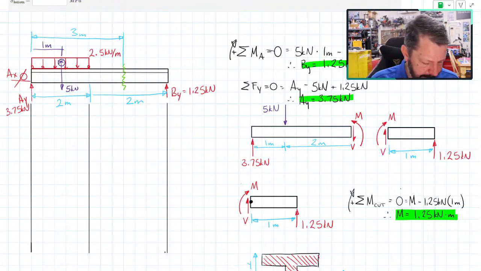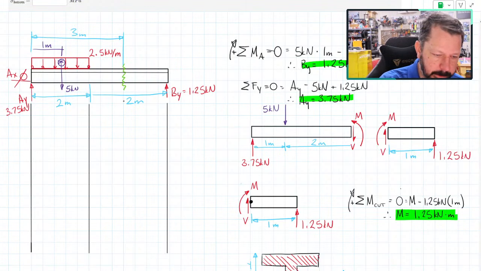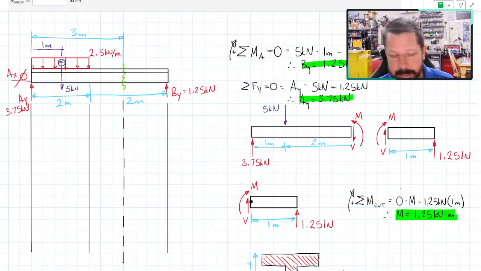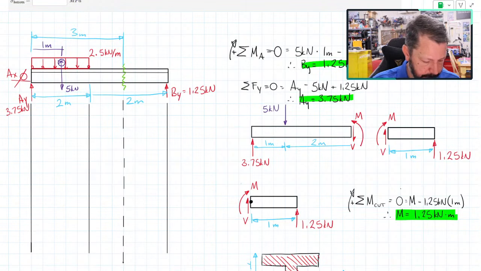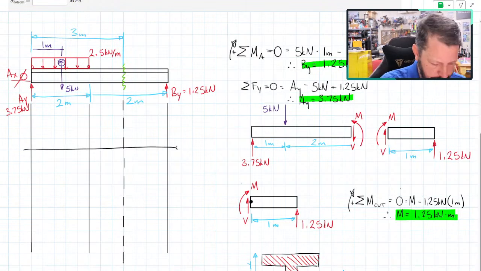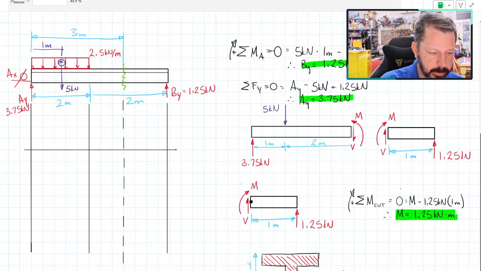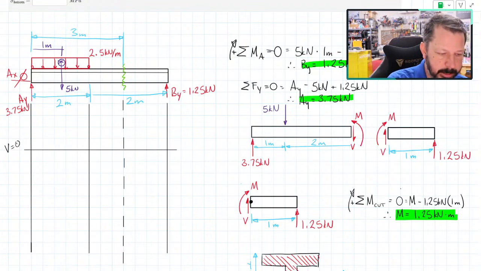I could draw one here, because that's where this particular problem says I'm interested. It may not be the maximum moment, but that's not what this problem is asking us to do. Let's draw our horizontal. There we go. That's our reference for V equals 0.